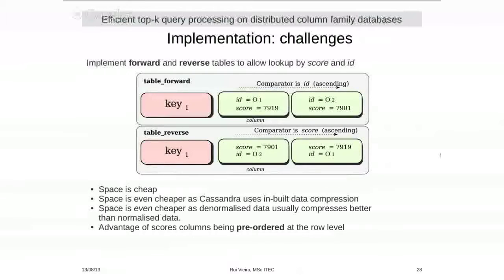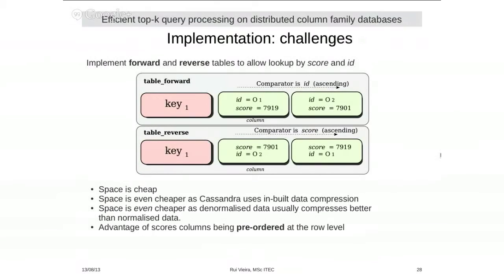The only simple way of doing that in Cassandra was to implement forward and reverse tables. So we have exactly the same data, but in one table we have a primary key on ID, and in the other table we have a primary key on score.